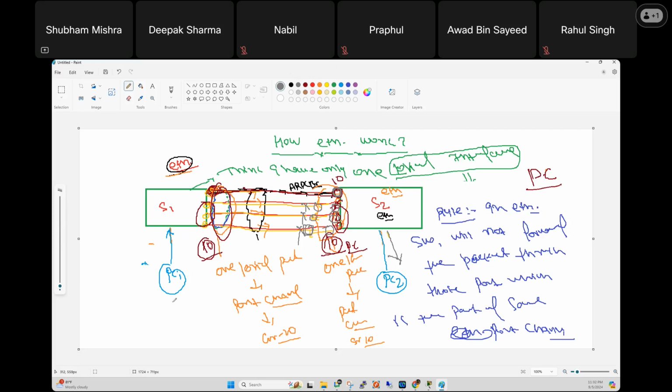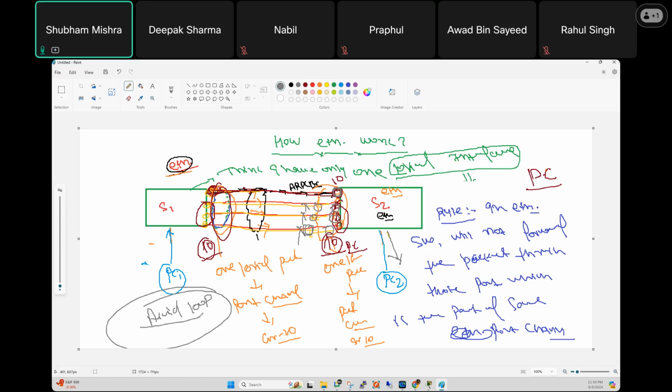So it will avoid the loop. And that is called the loop avoidance mechanism. Getting my point, everyone? I hope you understand. Clear? This is called the loop avoidance mechanism.